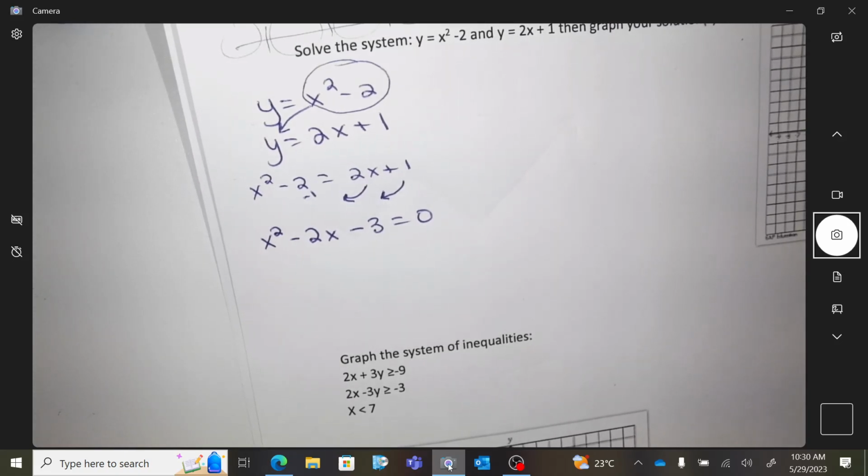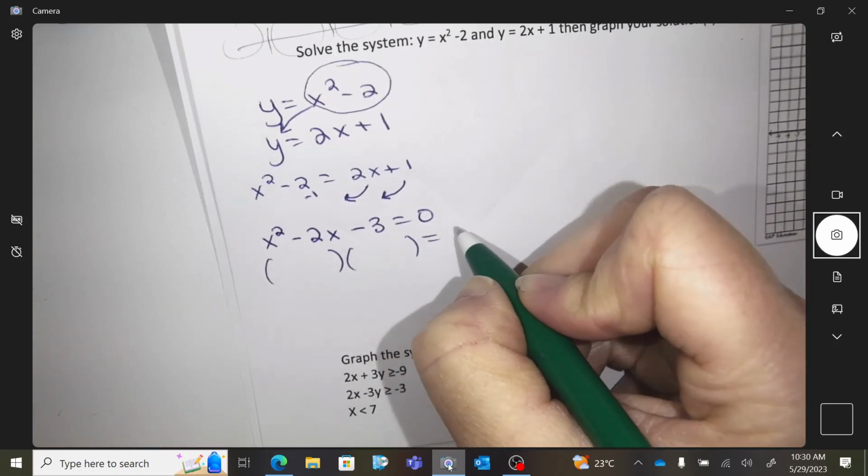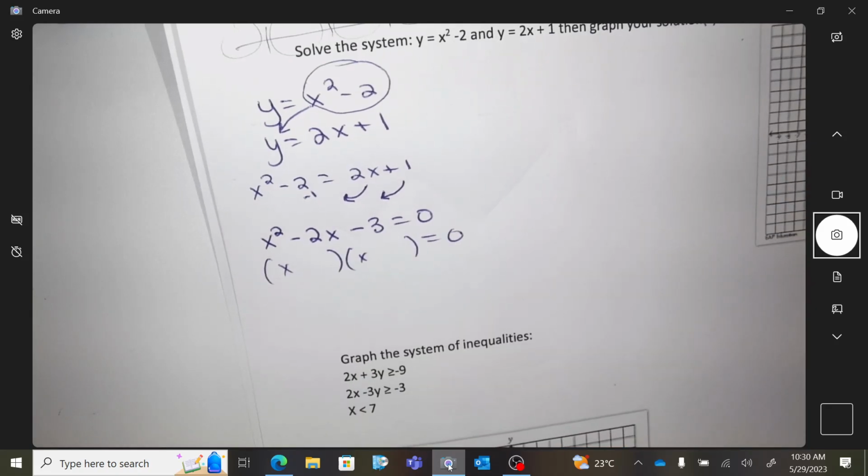Everyone's good with the move? They got the correct quadratic? Okay, let's factor. Not too many choices here. What multiplies to 3?